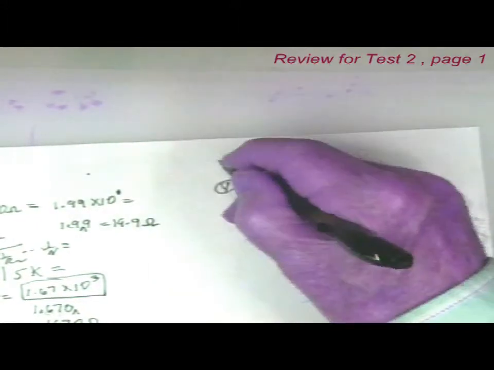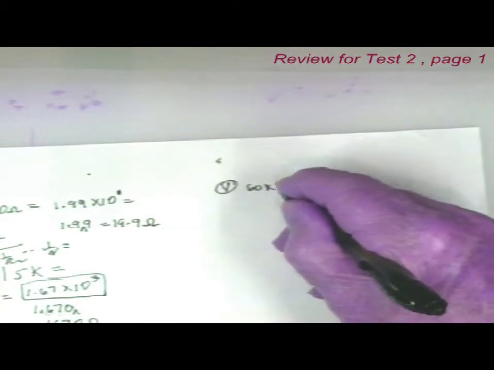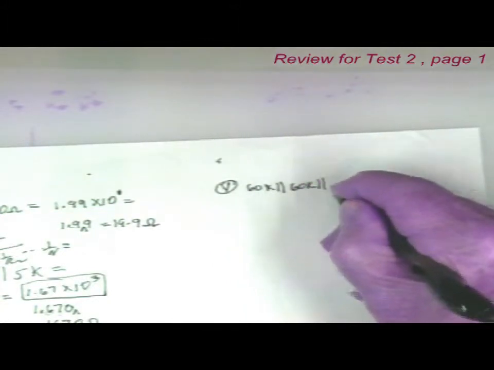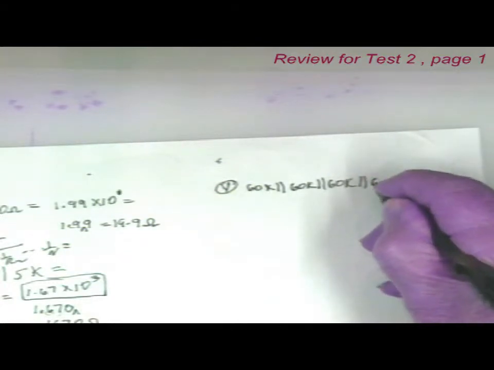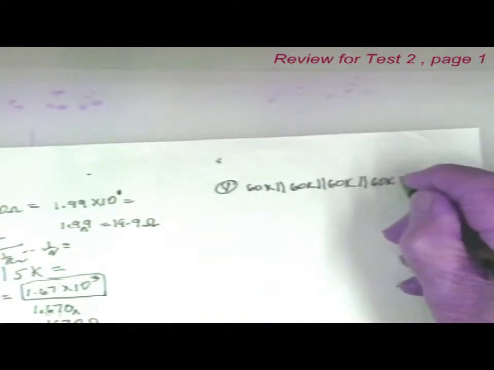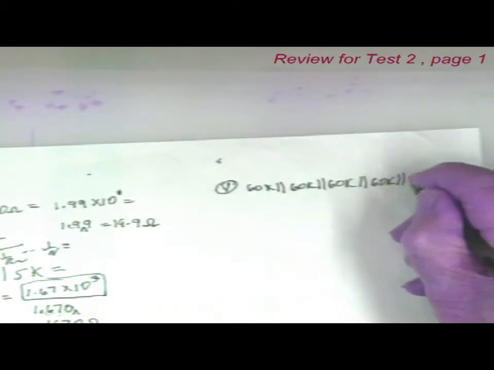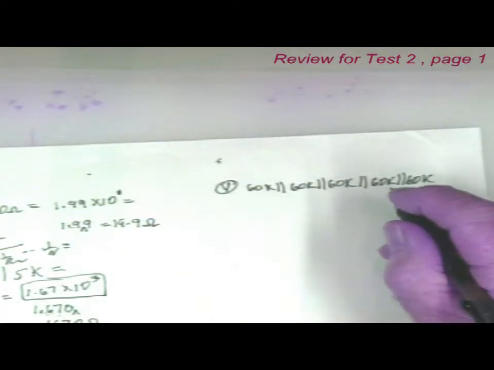I have 5 60K ohm resistors. 60K in parallel with 60K, in parallel with 60K, in parallel with 60K. 1, 2, 3, 4, and 5. Okay, 60K. It's all right to think out loud. Nothing wrong with that at all.